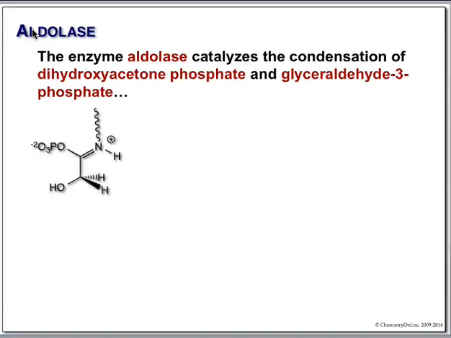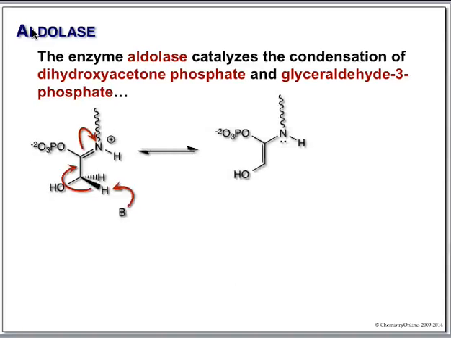Now the enzyme is set up so that it has a histidine, which is a base, in such a position where it can yank a hydrogen off. When it does, it forms this guy. Now this is actually an enamine. Remember those? But we can also just think of it as a simple enol.